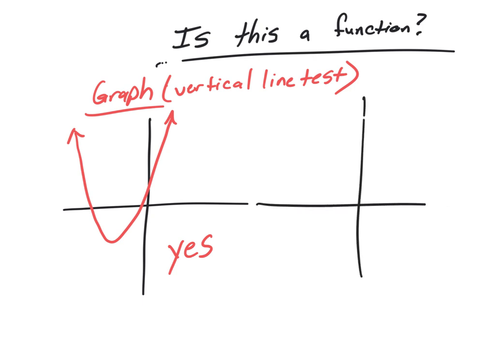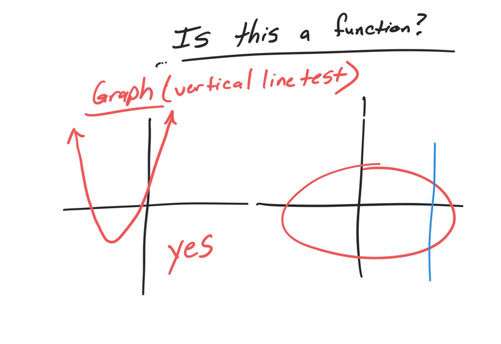If I were to give you a graph that looks like this, say it's kind of like an oval. If I stop my pen right here, I'm touching 2 points, okay? One here and one here. And if I draw like a vertical line right here, because I'm touching 2 points at that given vertical line, then it would be no.